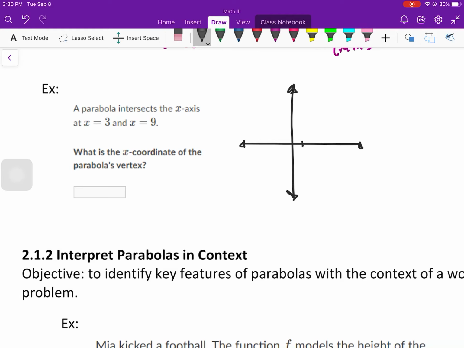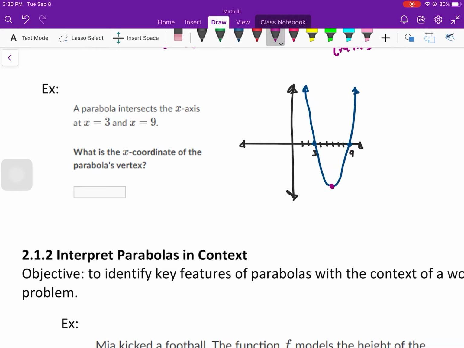So if you have 1, 2, 3, 4, 5, 6, 7, 8, 9. So let's just say these are our x-intercepts. I'm going to attempt to draw a parabola through them. That wasn't too bad.